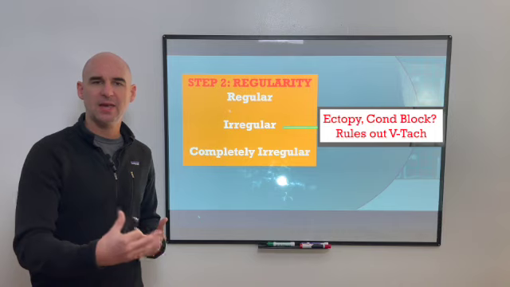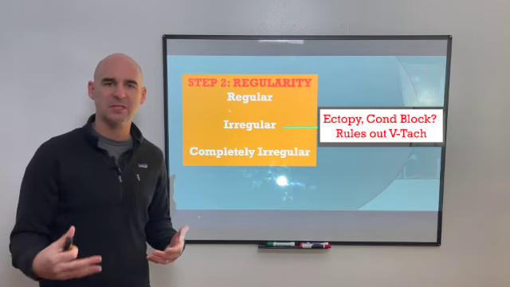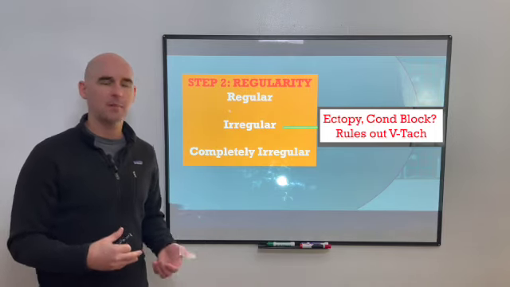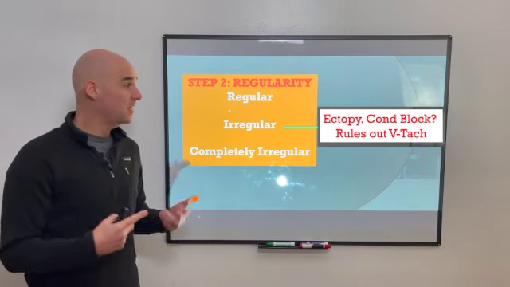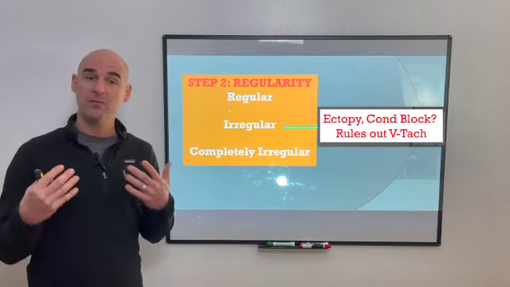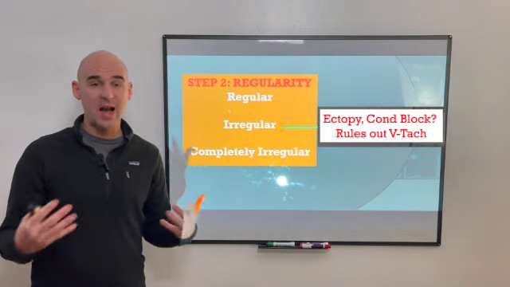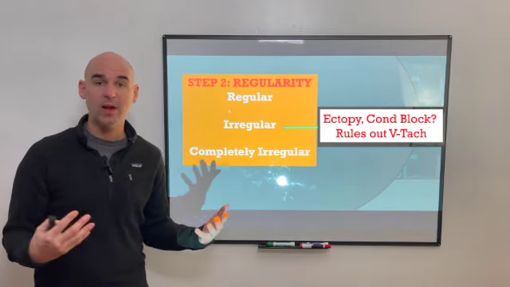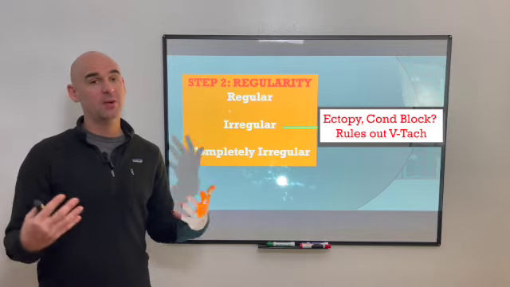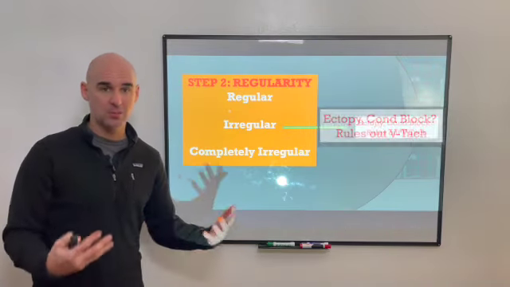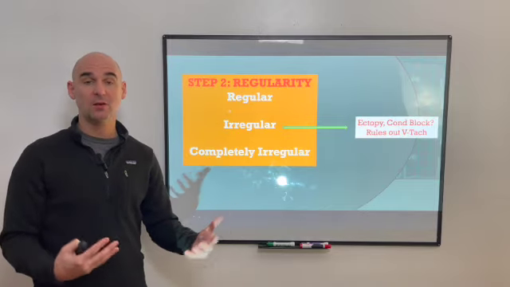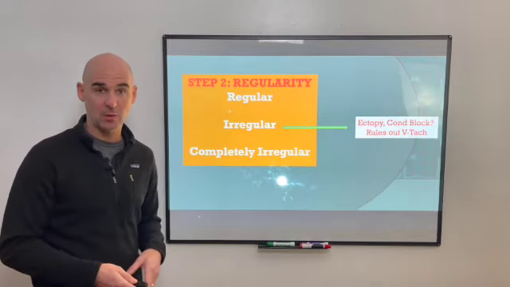However, it seems like there's something that's causing this to have some slight irregularity. Oftentimes that might be ectopy, it could be a conduction block. The nice thing though is that V-tach is not an irregular rhythm. We don't see irregularities like that. So that can be a very comforting thing. We may not know exactly what the rhythm is or why it's irregular, but if it is irregular, chances are that this is not V-tach that we're seeing.